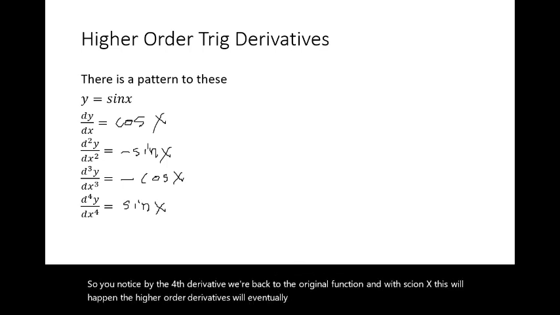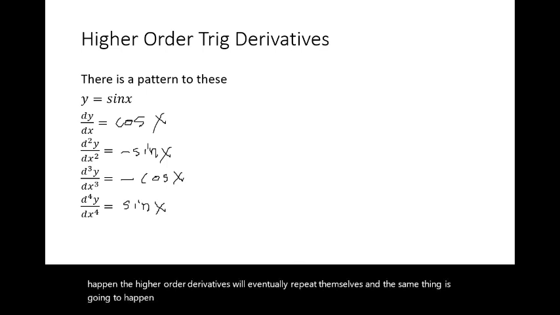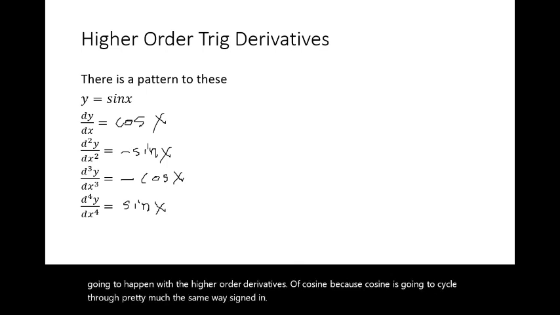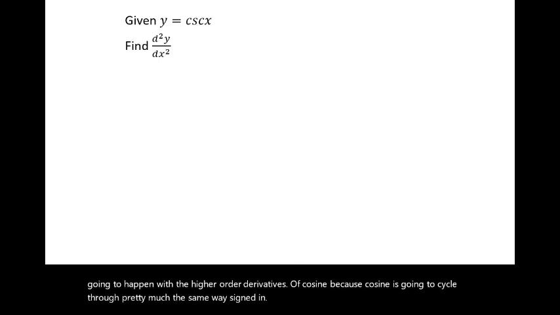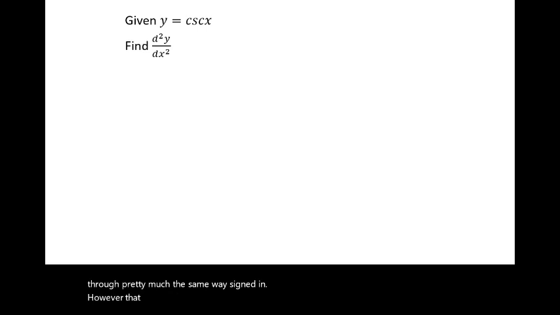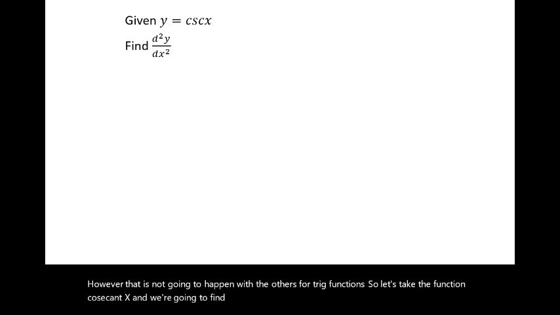And the same thing is going to happen with the higher order derivatives of cosine, because cosine is going to cycle through pretty much the same way sine did. However, that is not going to happen with the other 4 trig functions. So let's take the function cosecant x, and we're going to find the second derivative.